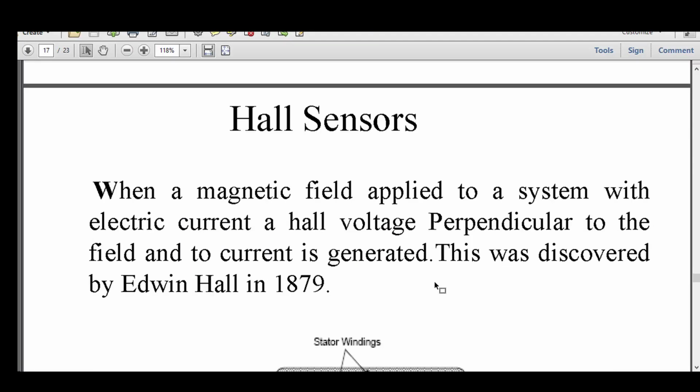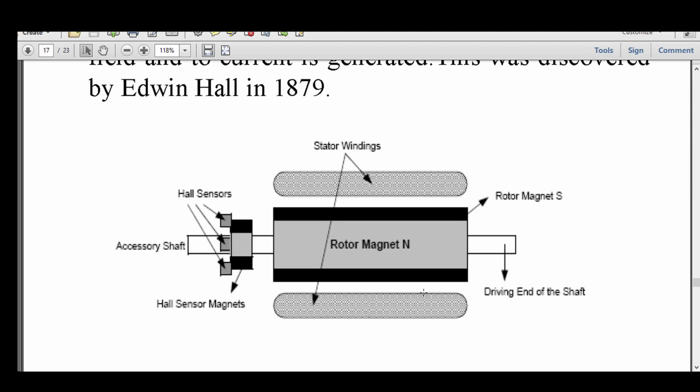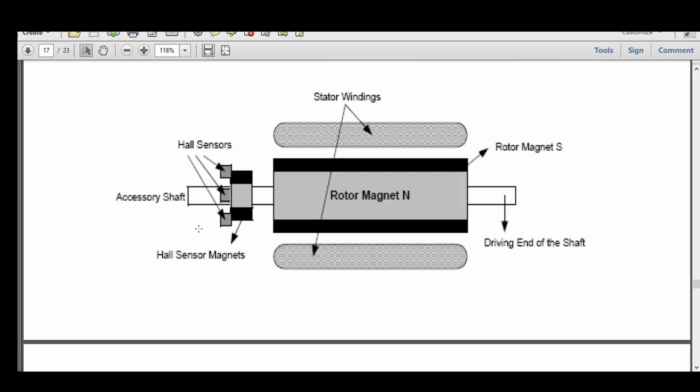Now the Hall sensor, to understand the rotor position, is like an inevitable option. So let us understand what a Hall sensor is. When a magnetic field is applied to a system with electric current, a Hall voltage perpendicular to the field and current is generated, and this was discovered by Edwin Hall in 1879.